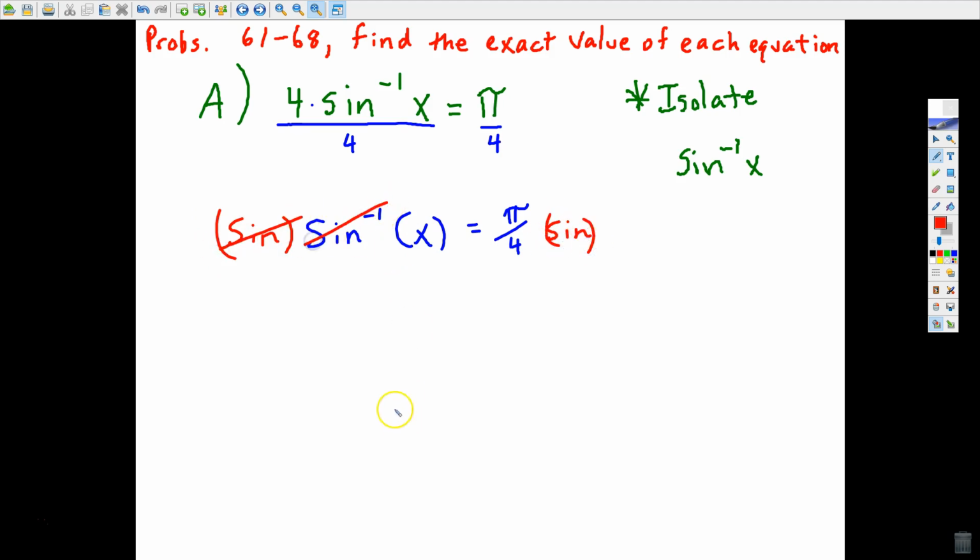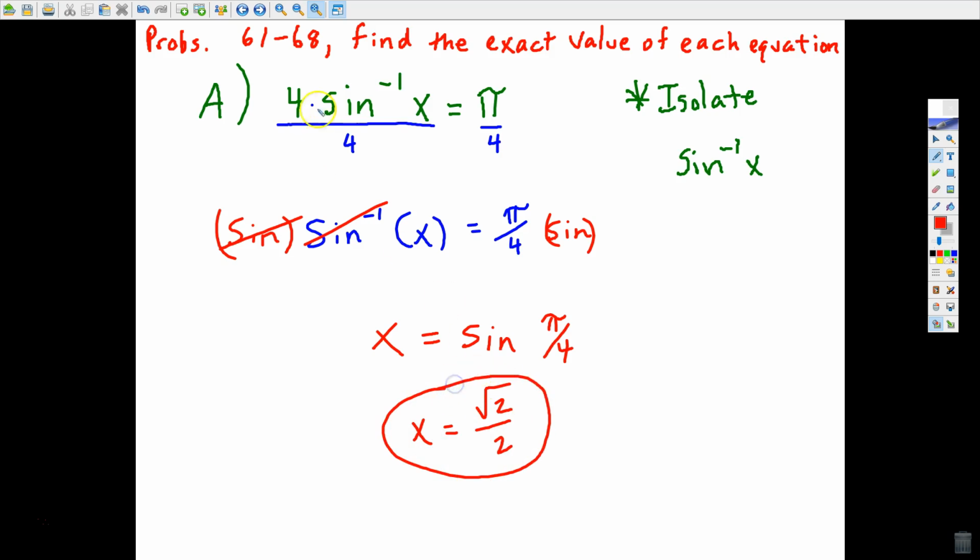And that serves that purpose, and we're left with x equals sine pi/4, and you can go to your unit circle and look up pi/4, and it's the y coordinate of that point on the terminal side that intersects the unit circle, and that's square root of 2/2, which will be my answer.